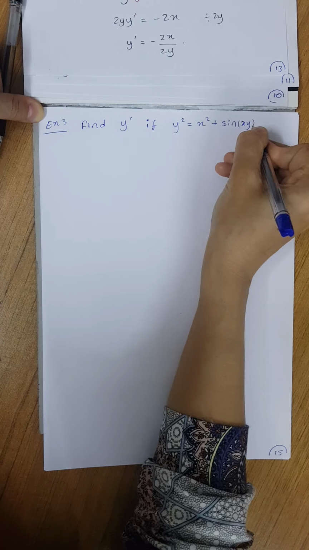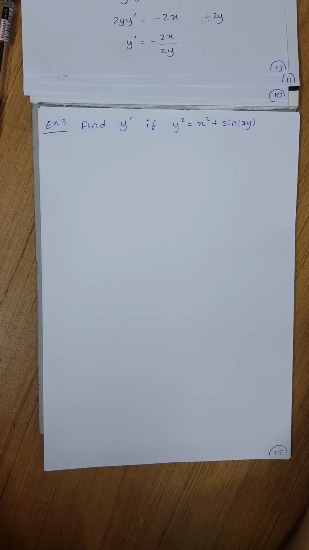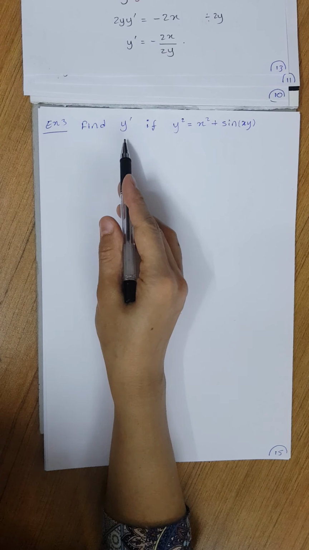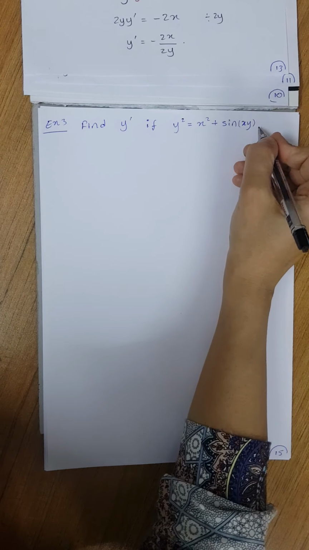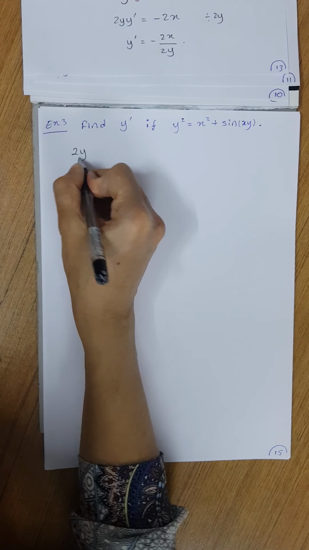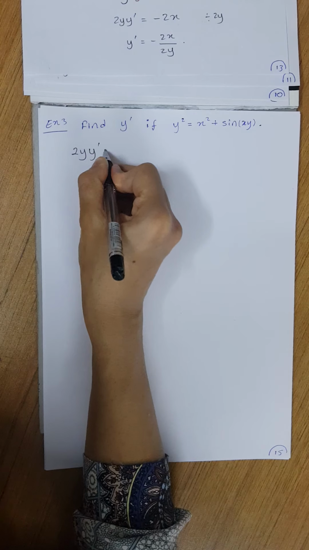Okay, xy is inside, it is the angle of the sine. It is required from us to find y prime. How do I find y prime? Of course, I'm taking the implicit differentiation of that function. What's the derivative of y squared? It is 2y, y prime right next to it.